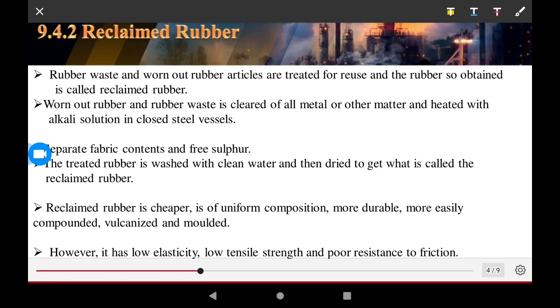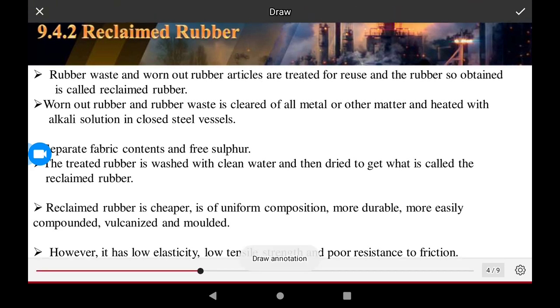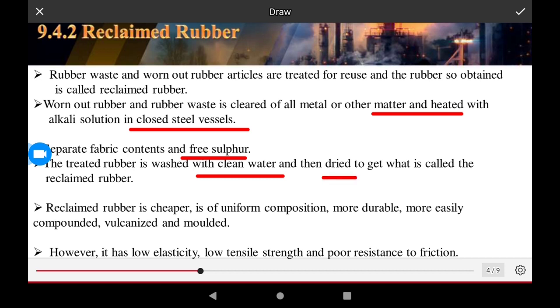Rubber waste is cleaned of all metals and other matter, then heated with an alkali solution in closed steel vessels. The fiber content and free sulfur are removed. The treated rubber is washed with clean water and dried to get the recycled rubber.